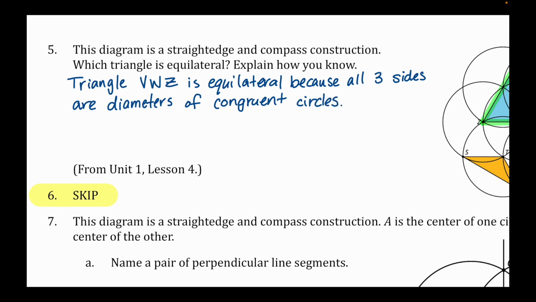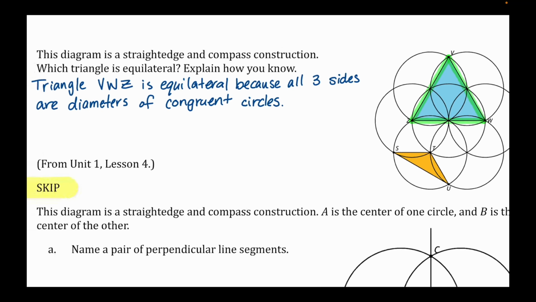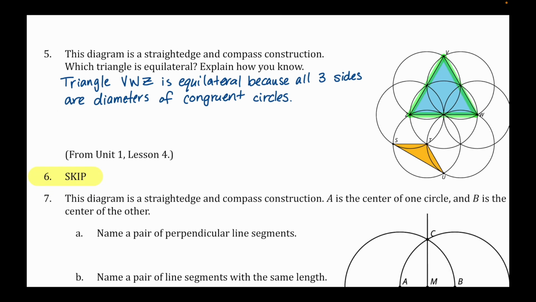Now, if I wanted to be extra specific, I could say that the circles are congruent because they pass through each other's centers. But I think that's a little too much to say here, and we can tell by now that two circles that pass through each other's centers are congruent. Plus, they didn't ask how we know the circles are congruent. They just asked how we knew this is equilateral.